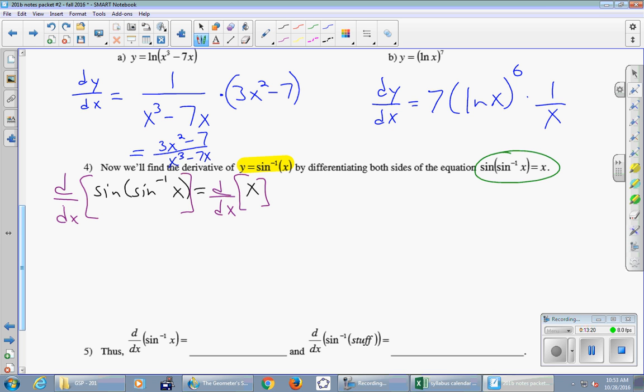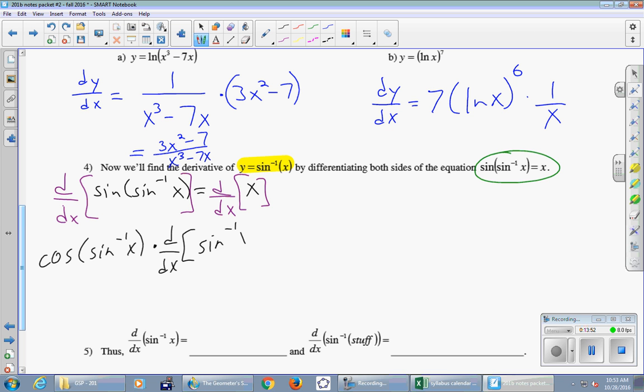Okay, on the left-hand side, what's the basic rule we have to follow? It is a chain rule, a little bit more detail. Sine of stuff, yes? And we know the rule for sine of stuff. Sine of stuff becomes cosine of the stuff, but then times the derivative of the stuff. We got to make sure we put this step in here. Derivative of what in this case?